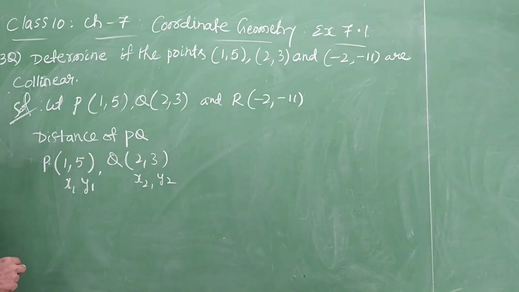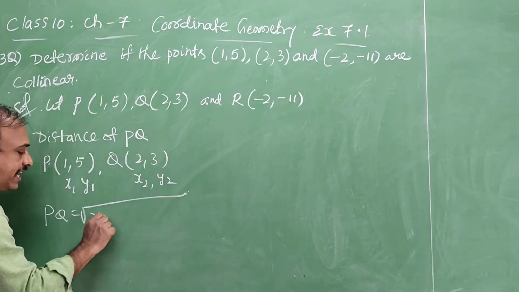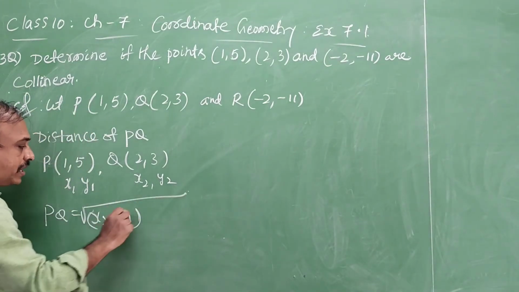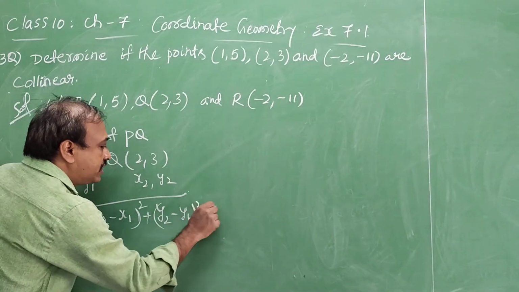Are you following? Distance PQ equals the root of (x2 minus x1) whole square plus (y2 minus y1) whole square.